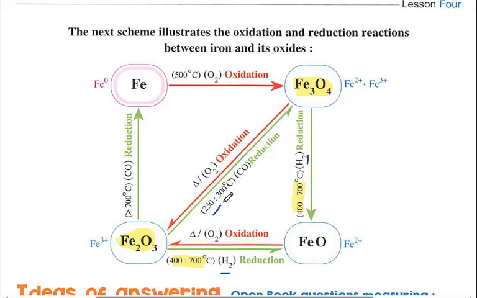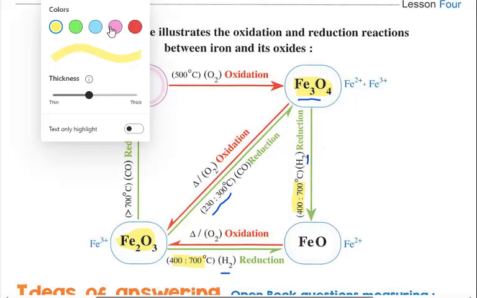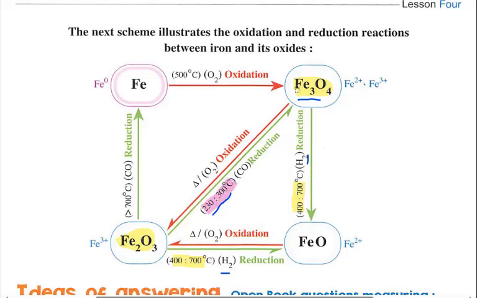But here the temperature is different. We can reduce the ferric oxide into magnetic iron oxide at a temperature from 230 to 300 degrees Celsius. So this 230 to 300 Celsius is related to producing magnetic iron oxide from ferric oxide.